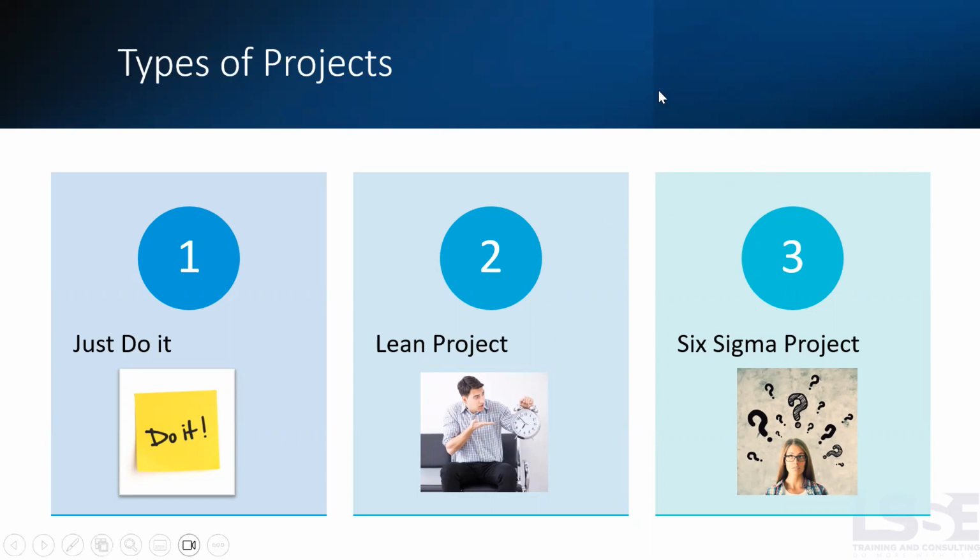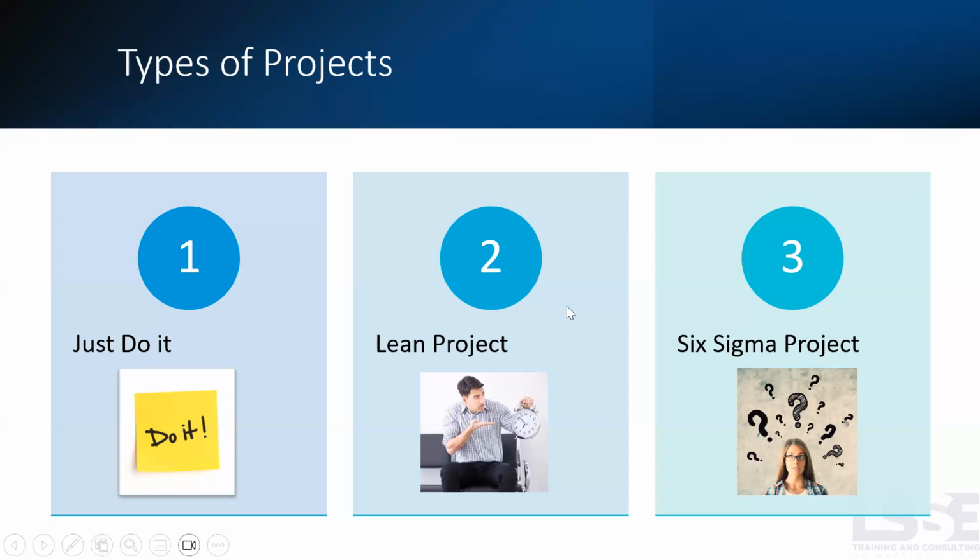Another type of project is what we call a lean project. Lean projects normally deal with challenges in terms of timeliness. So let's say you are delivering a specific product or service, and your customer is complaining that it's taking too long. That is a problem of timeliness.